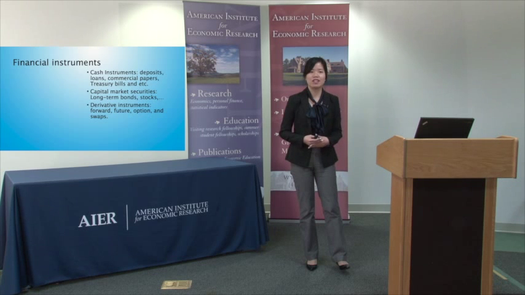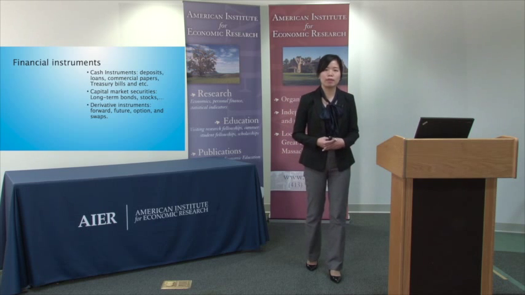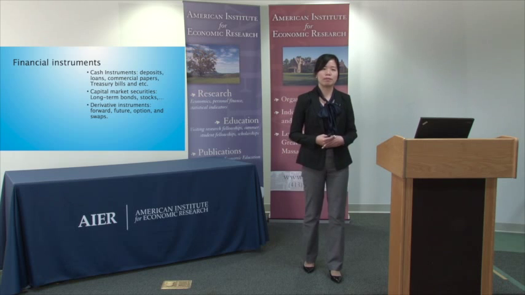You can use the derivatives to hedge your risk, and you can also use the derivatives to speculate, to make profit. They are extremely risky, but the profit could be extremely high.